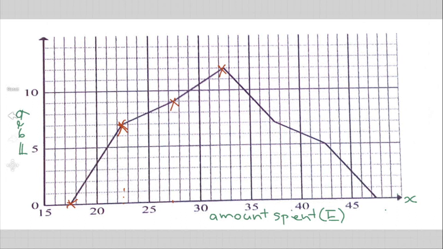The next coordinate is at 37.5, 7, and then 42.5, 5. The last coordinate is at 47.5, 0. When drawing a polygon, you join those coordinates with straight lines, as illustrated in the graph. That will be your frequency polygon.